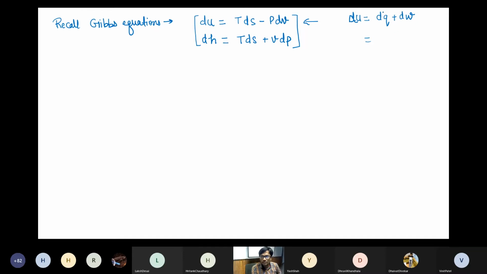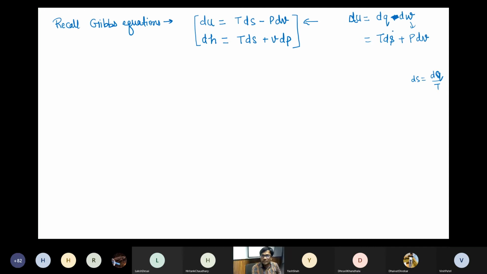And in the second law, we told that dS is equal to dq by T, right? So we can write dq as TdS, plus w, which is P times dV. Did I do something wrong? Here it should be a minus sign.